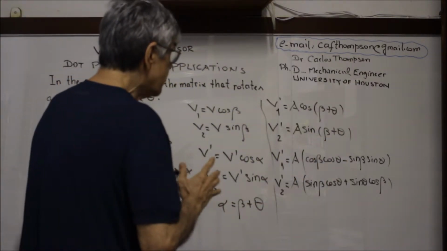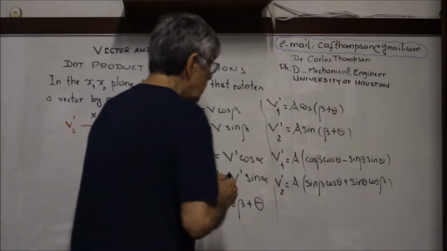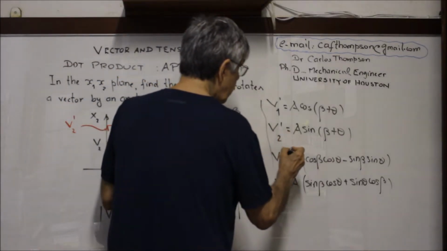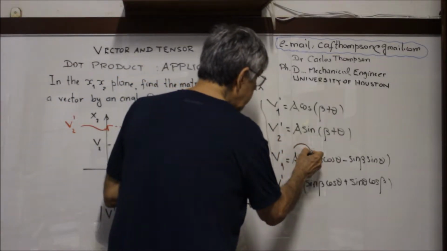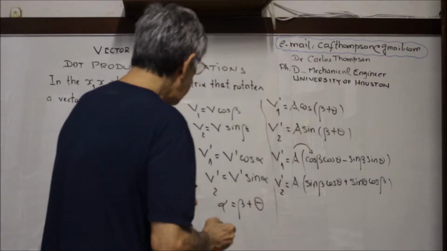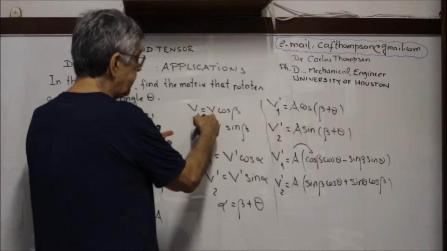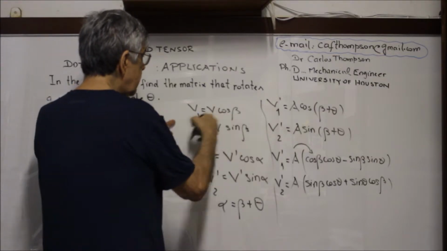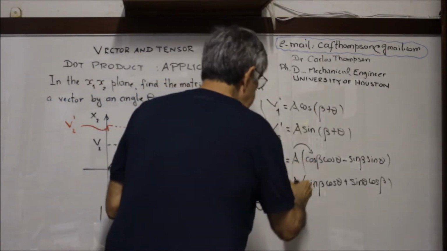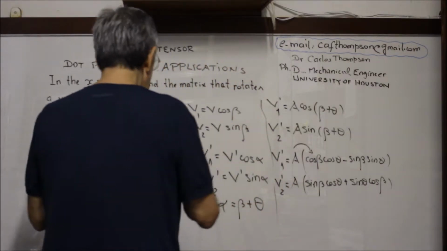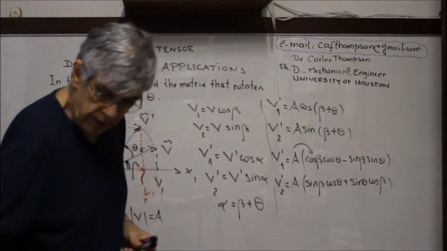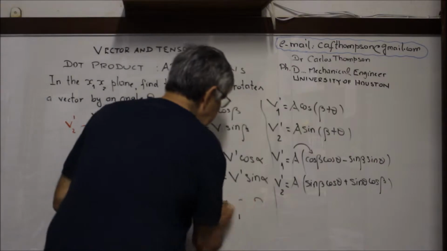Now it's quite easy. What is A cosine beta? This is A. A cosine beta is V1. So here, I will erase and write down.